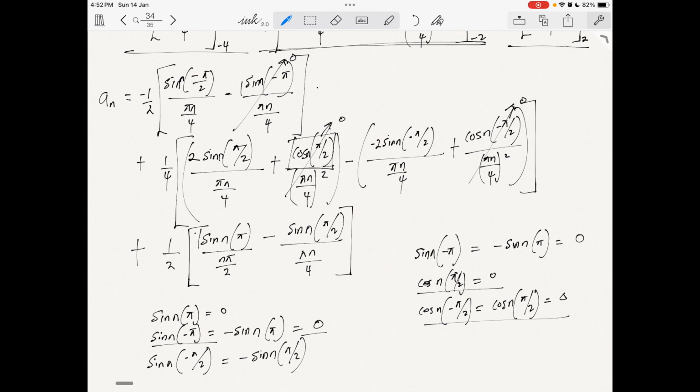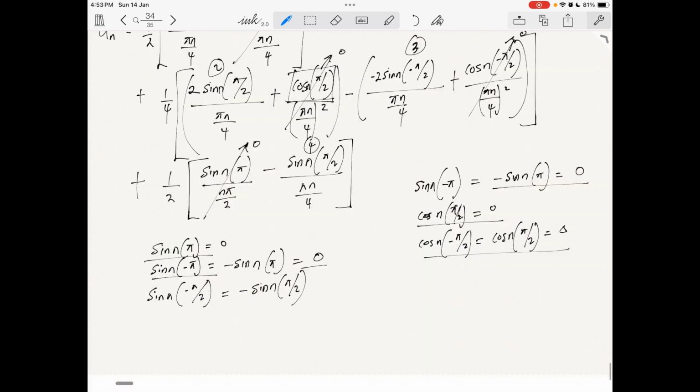We have sine nπ, and sine nπ is equal to 0. So at the end, we will be left with four terms. So let's simplify those four terms again.